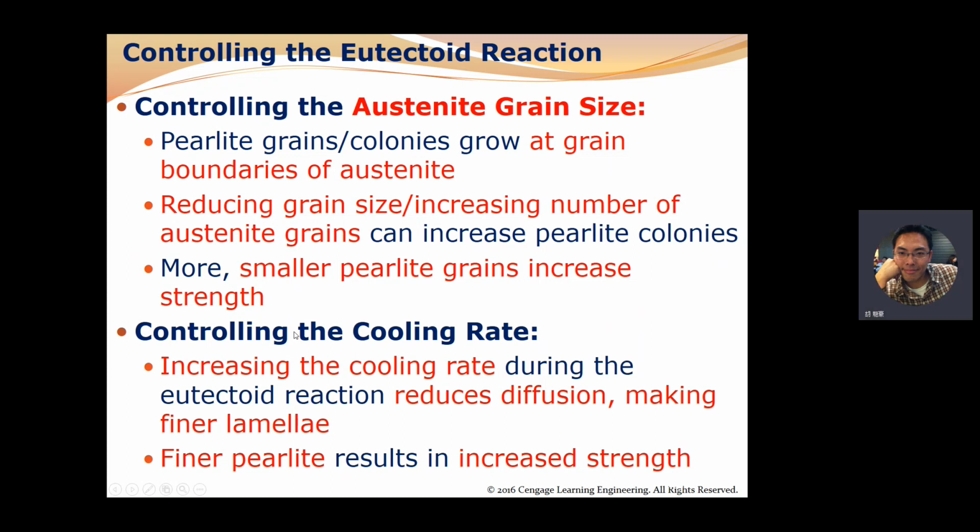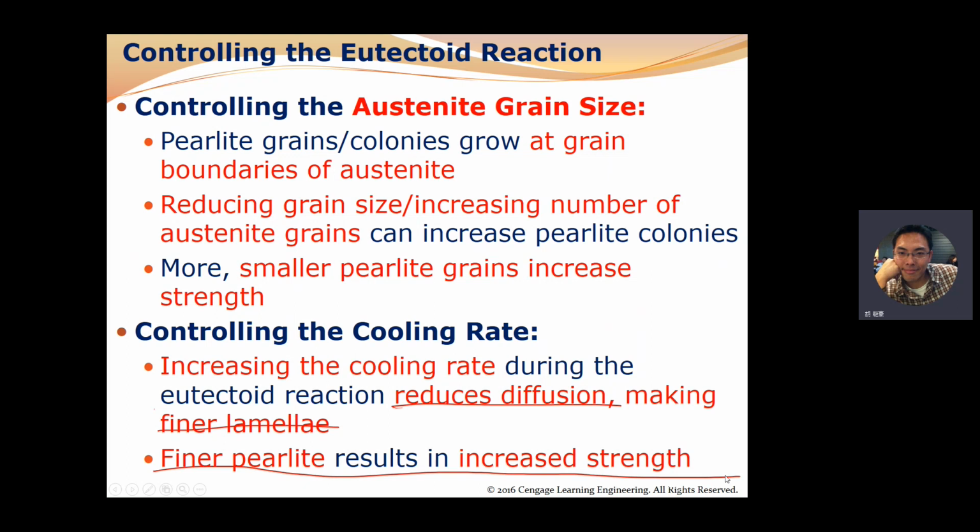Increasing the cooling rate during the eutectoid reaction reduces diffusion, which can produce a finer lamella. A finer pearlite structure results in increased strength.